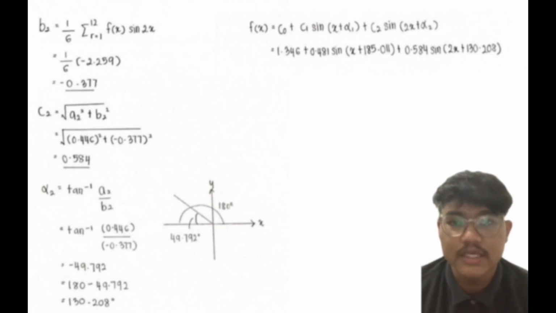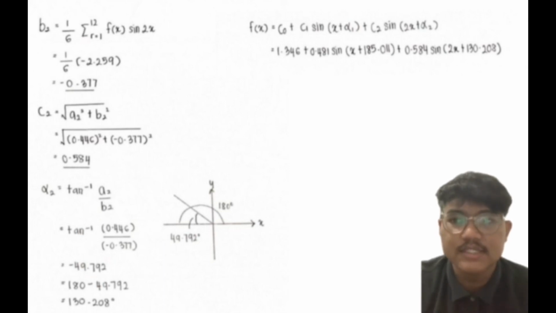As we know, the angle is in the second sector. And then we get the negative value, so we need to do 180 degrees minus the answer, 49.792, and we get the value of alpha 2, 130.208.